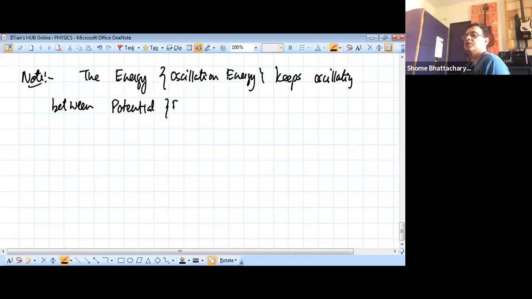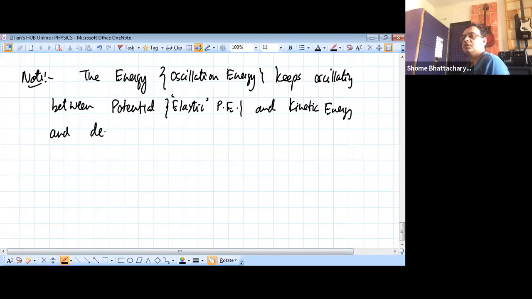That is elastic potential energy and kinetic energy. And it delocalizes. So this point we'll understand in detail, because this is also an important point.